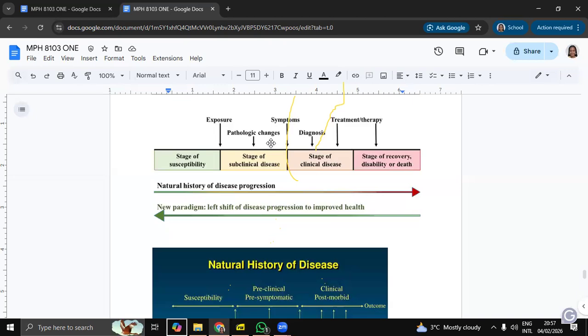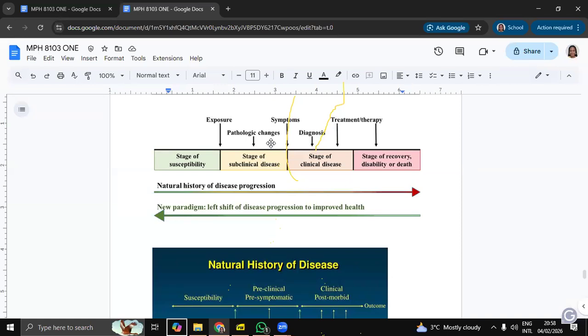That's the stage of clinical disease, that there are now signs and symptoms such that you can go to see a physician, and they can say, from all of the symptoms you have mentioned, this is what is likely happening. Or you run a test, they tie everything together and say, okay, so this is the diagnosis.